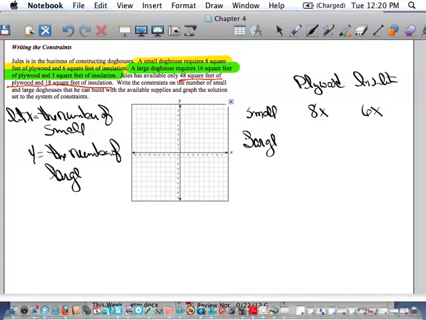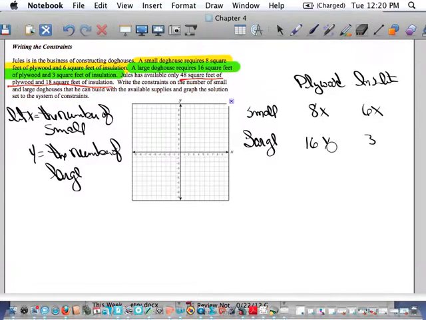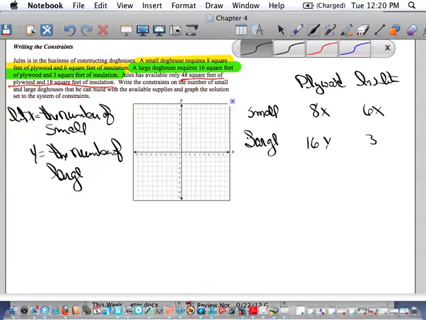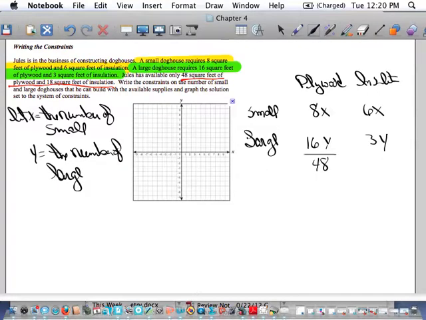For large dog houses, I will need 16 feet of plywood and 3 feet of insulation. Now I need to think about what's my limiting factor, and that is that I only have 48 feet of plywood and 18 feet of insulation. So let's look at writing our constraints.